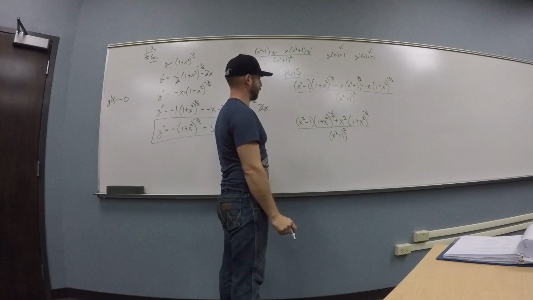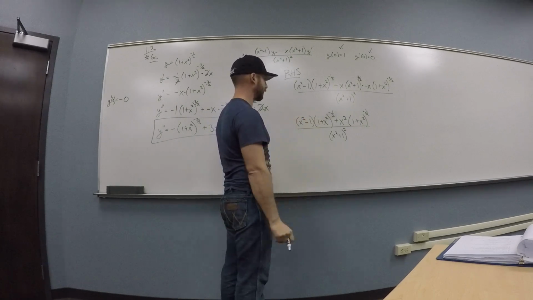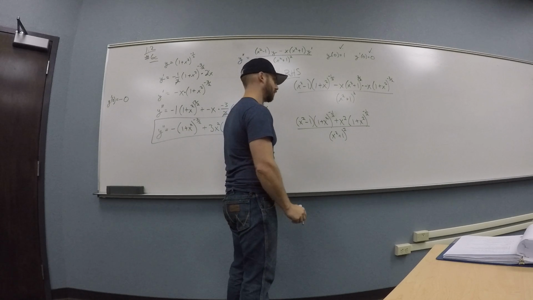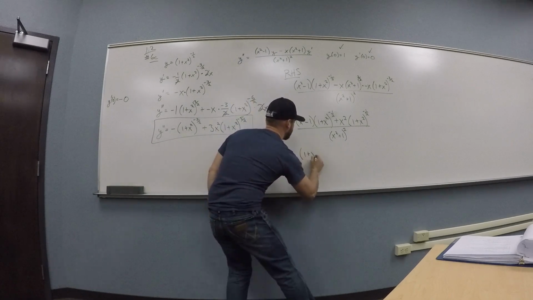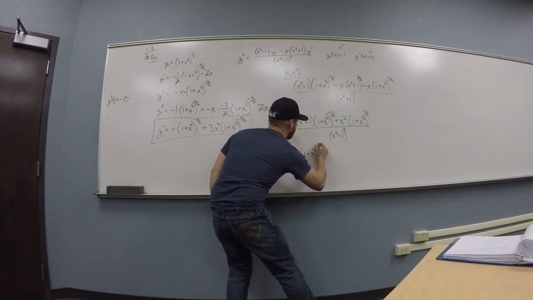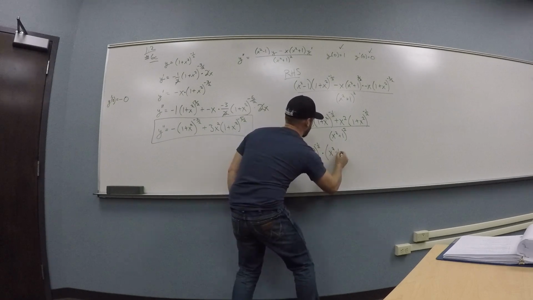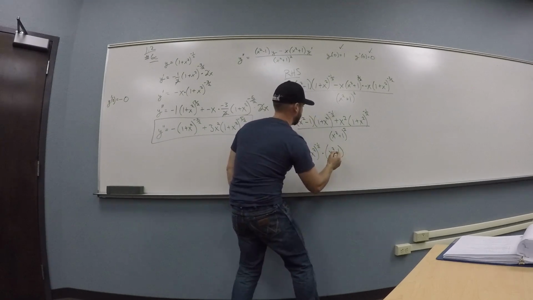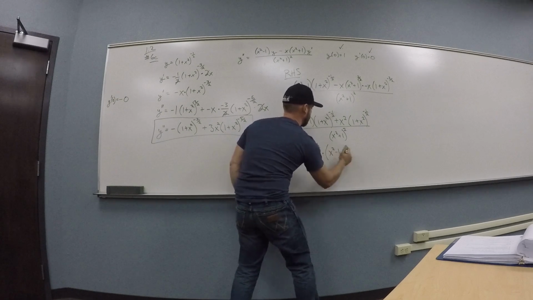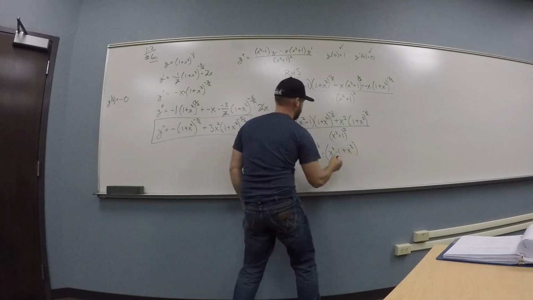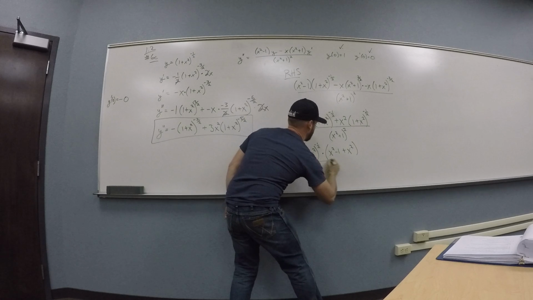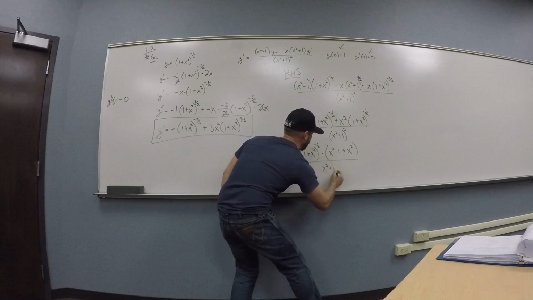Then I'm going to factor one of those 1 plus x squared to the minus 1/2 out, so I have 1 plus x squared to the minus 1/2 times x squared minus 1 plus x squared, all over x squared plus 1 squared.